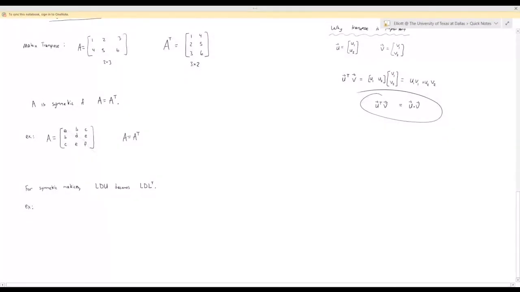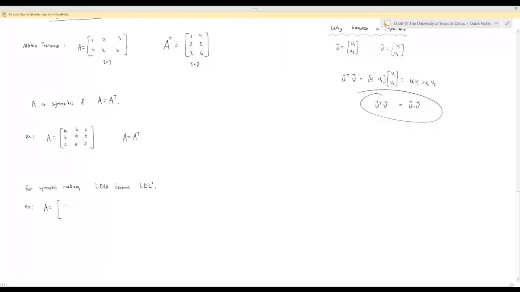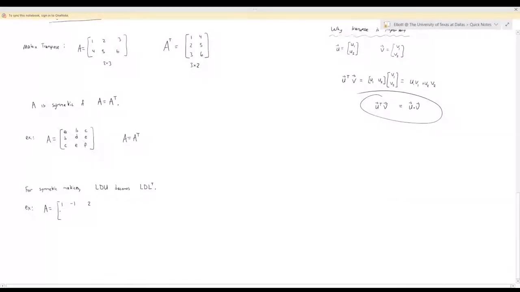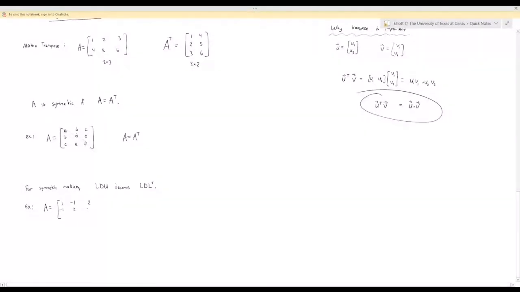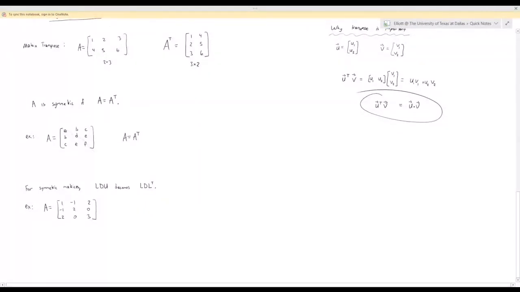To illustrate that, let's take this symmetric matrix A. It's going to be 1, -1, 2, -1, 2, 0, 2, 0, 3.